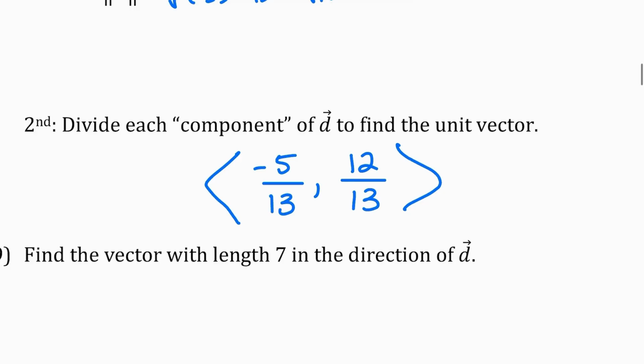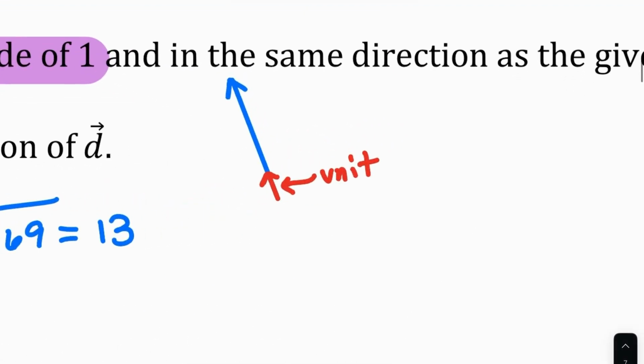That's it. So if you want to visually see this, what I'm doing is taking this triangle. Okay, that's pretty good. So this is -5, this is 12, and this was 13.